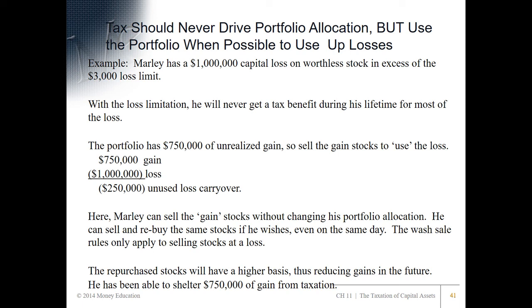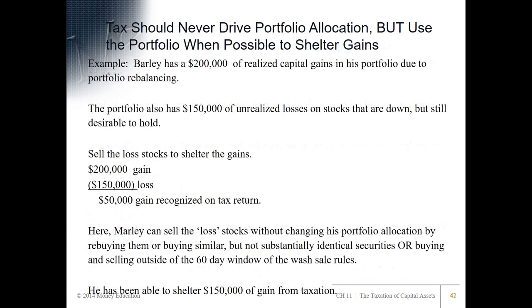So he's been able to shelter $750,000 of gain from taxation. So use that portfolio when possible to use up losses. Don't let it drive the allocation, but you can use up gains and losses very often without changing the portfolio allocation.